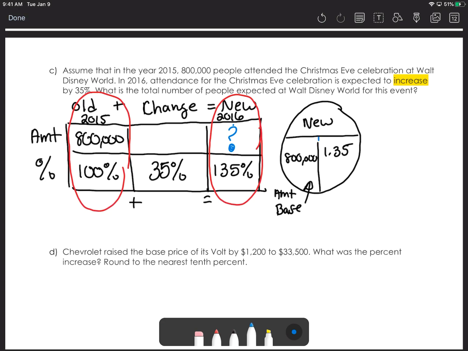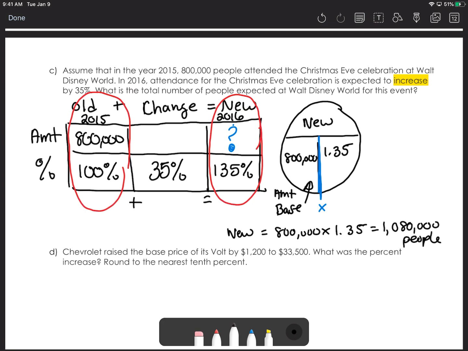Now, since the two things that we know are being separated by the multiplication line, I'm going to multiply. So the new amount is going to be 800,000 times 1.35, and that's going to give us 1,080,000 people.